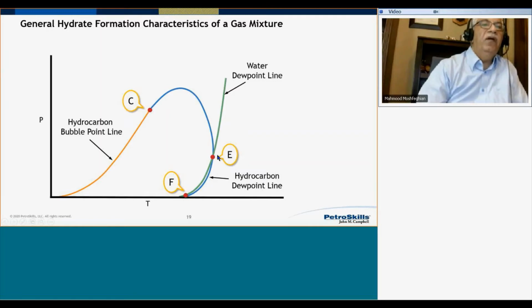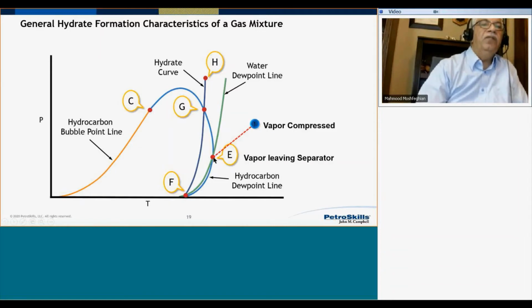To the right of the dew point curve is gas phase, and in the middle we have two phases, liquid hydrocarbon and vapor phase. In addition, I can superimpose the hydrate formation curve, which is the FGH curve. Now let's see.